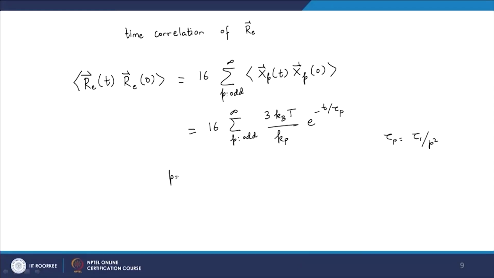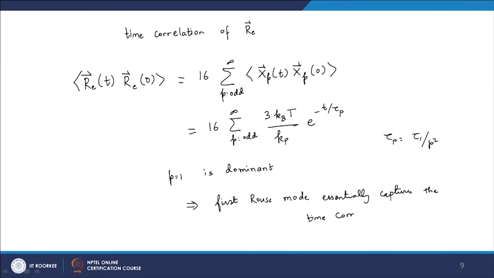So, p equal to 1 is the dominant term that we will see in here. What this means is the first Rouse mode essentially captures the time correlation of R_E.